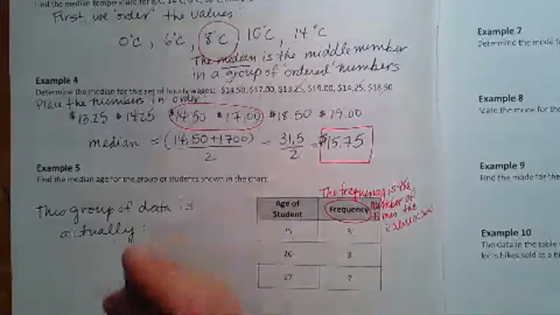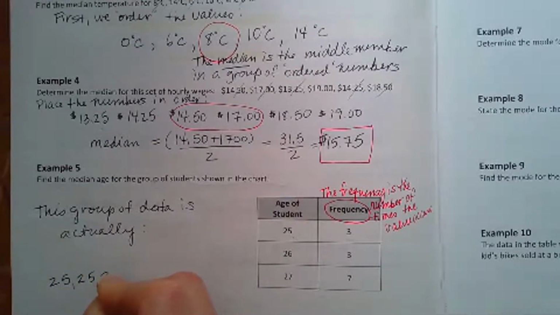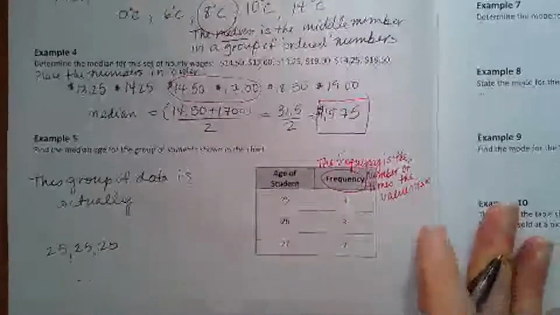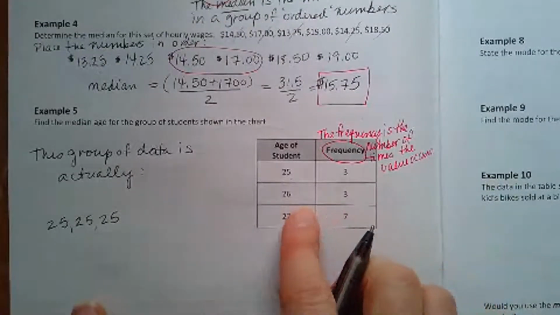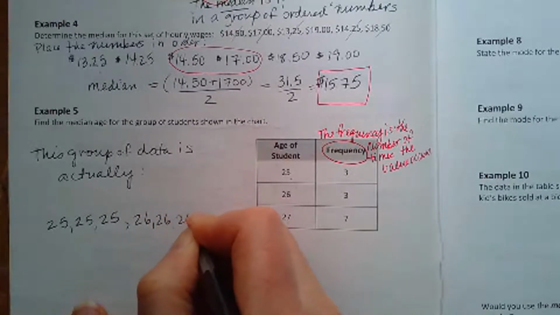Frequency of 3 means it's 25, 25, 25. There's 3 of them. And there's 3 26s, 26, 26, 26.